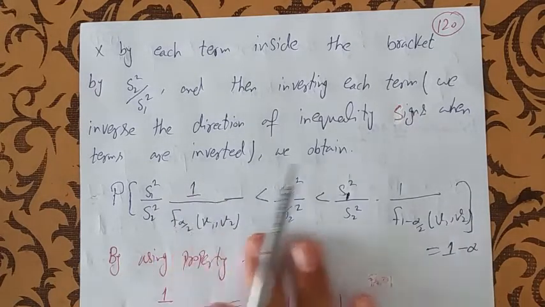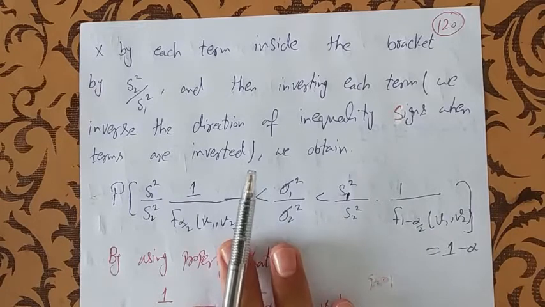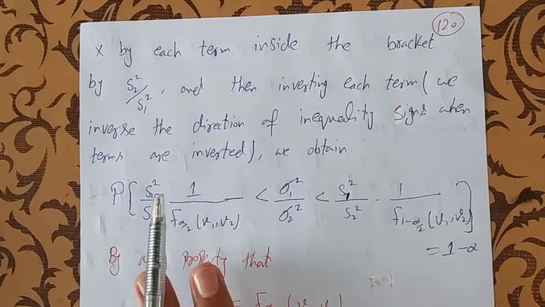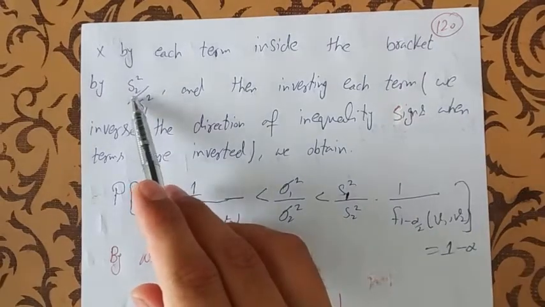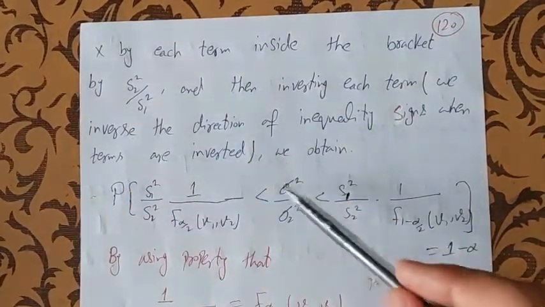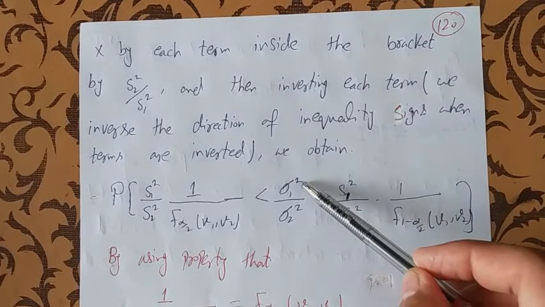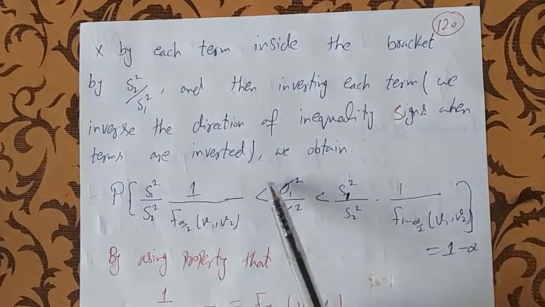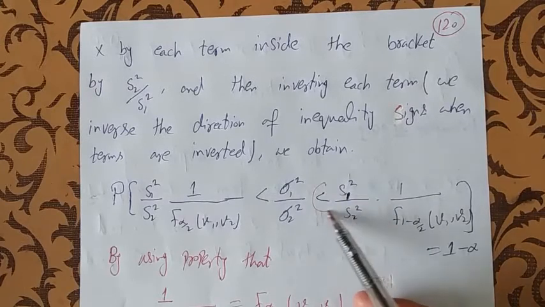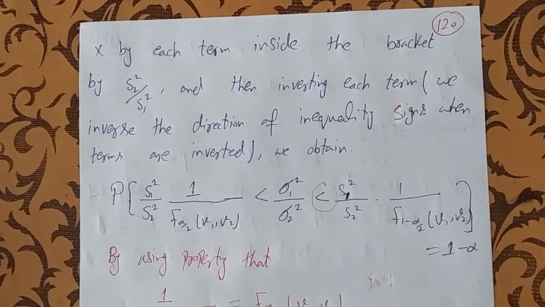Students, in this step we are choosing a direct statement. Simply in the previous relation you multiply by this statement and cancel out these things, and also we invert these signs.